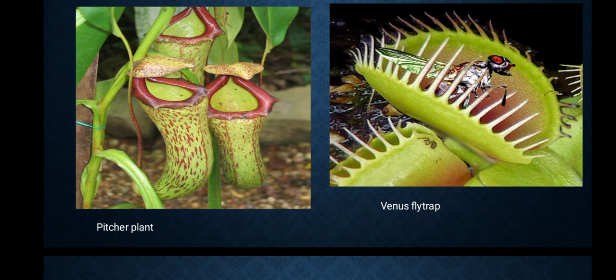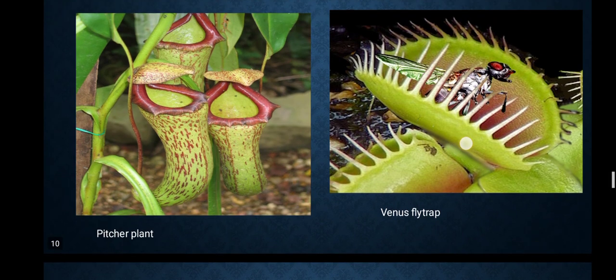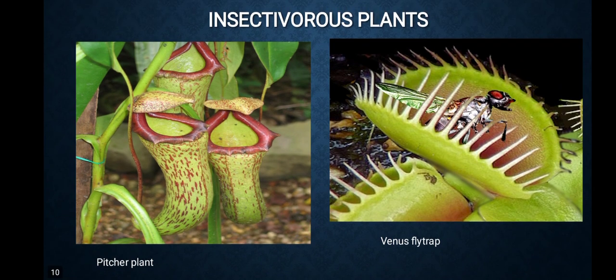Insectivorous plant. What we have studied till now: the example of an insectivorous plant is the pitcher plant, whose leaf is modified into a pitcher-like structure. The pitcher is attractive and brightly colored, so it can attract insects. When an insect sits on the pitcher, the lid closes and the insect is trapped inside.